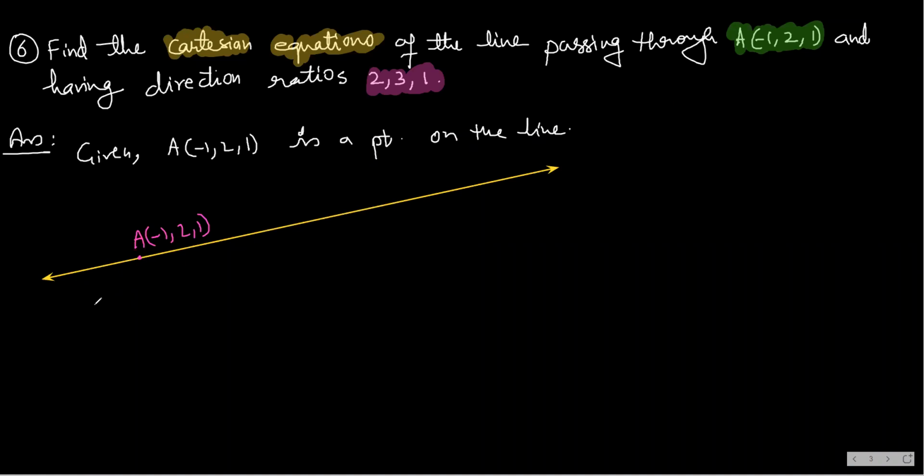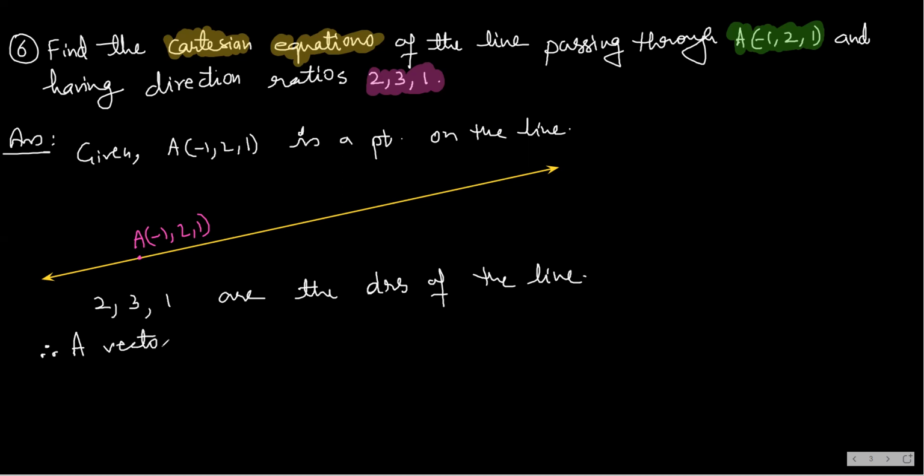Okay, next 2, 3, 1 are the DRs of the line. Now you know, with the help of these DRs, I can write a vector parallel to the line.